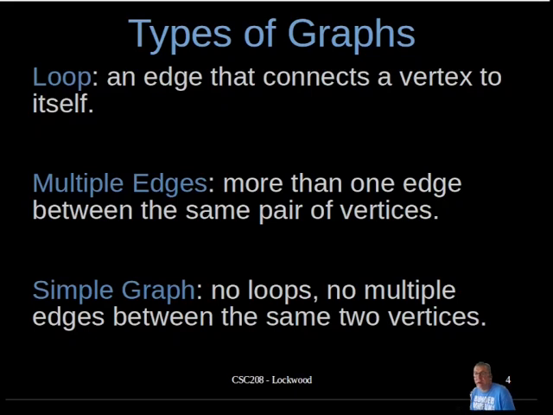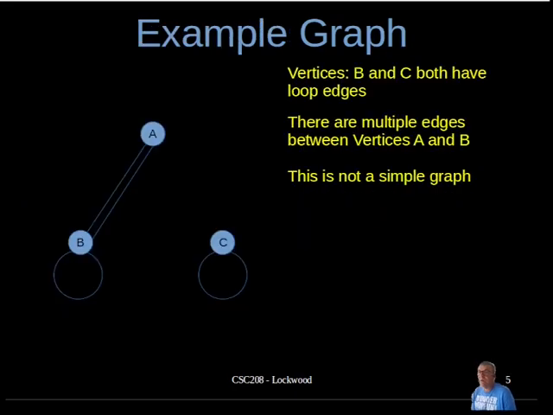A simple graph, though, has no loops and no multiple edges between the same two vertices. And we're going to be mostly concerned with simple graphs. So again, by example here, vertices B and C both have loop edges. There are multiple edges between vertices A and B, and hence this is not a simple graph.